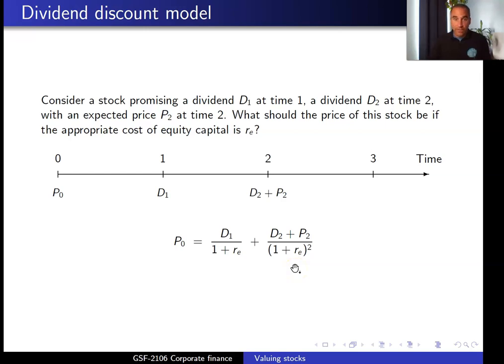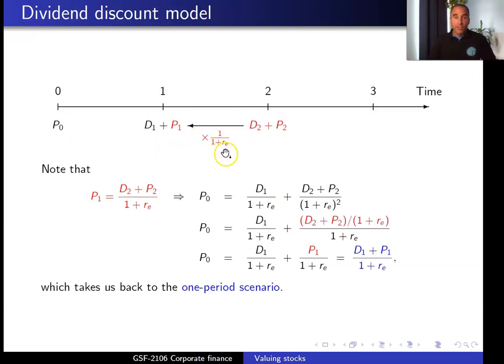If we rearrange this equation, D2 plus P2 discounted over 1 year gives us the price at time 1.